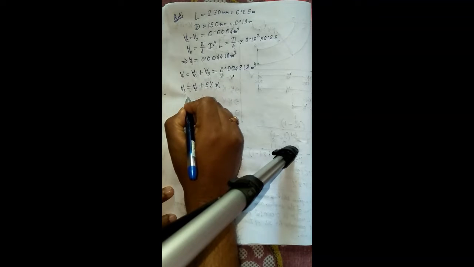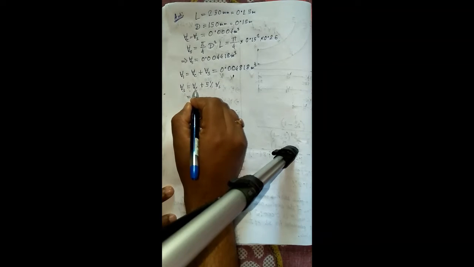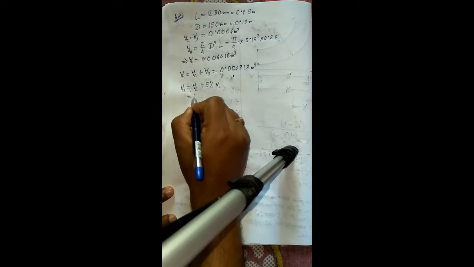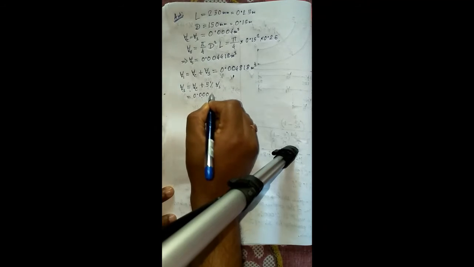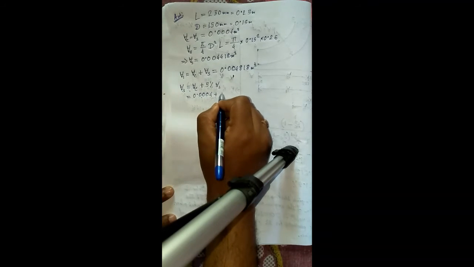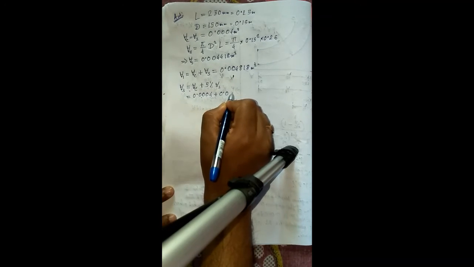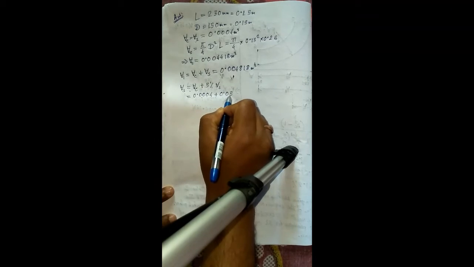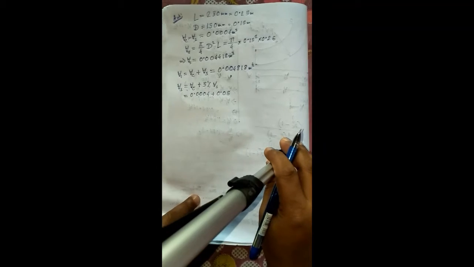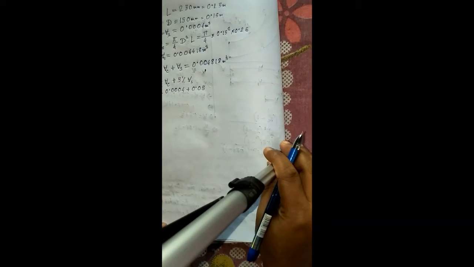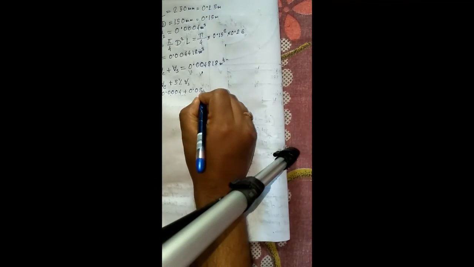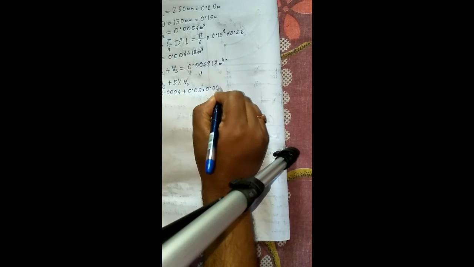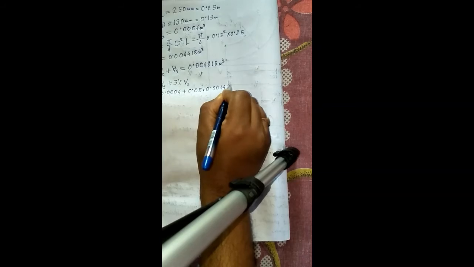So Vc is the value of V2. That means 0.0004 plus 5%, that means 0.05 into the stroke volume, that is 0.004418.